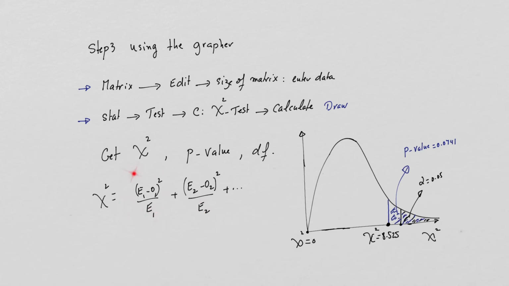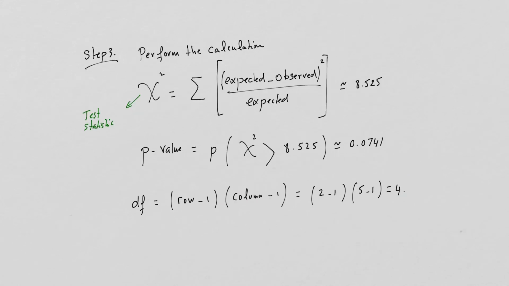So what does it mean to say that this term is 0? It means the top must be 0 because the bottom is already positive. For the top to be 0, that means E1 minus O1 has to be 0. That means the expected value must be the observed value. And this expected value must be the observed value. And the next expected value must be the observed value. What does that mean?